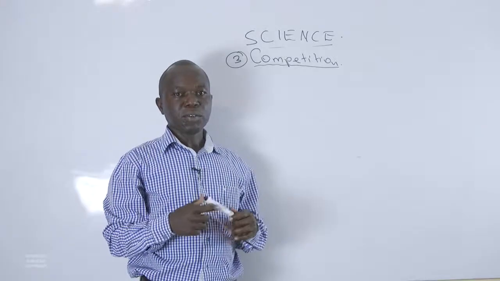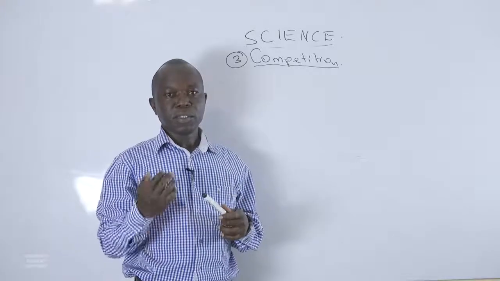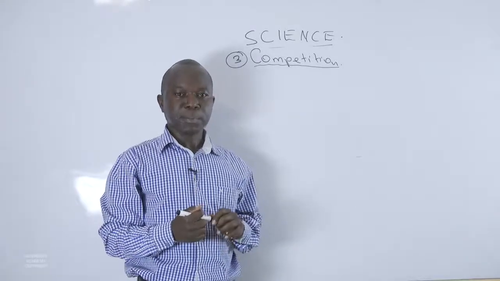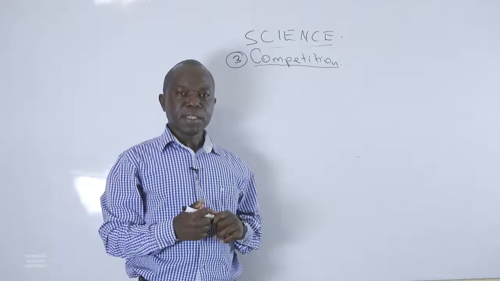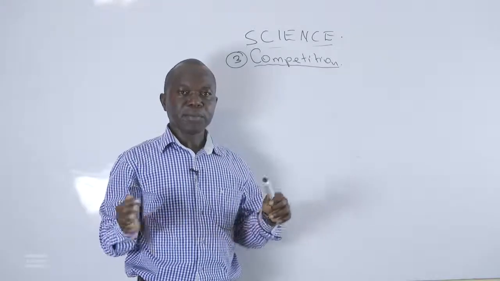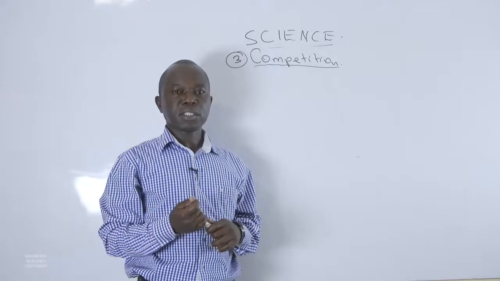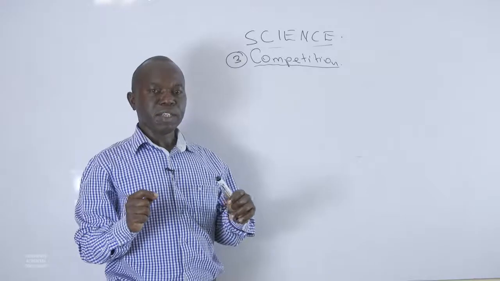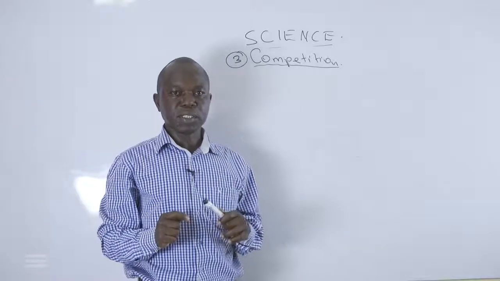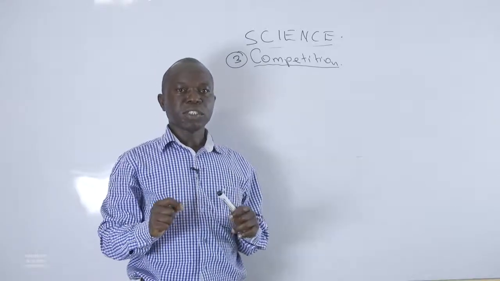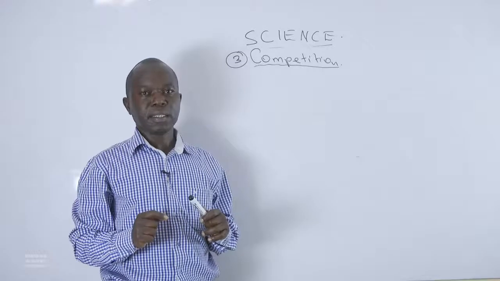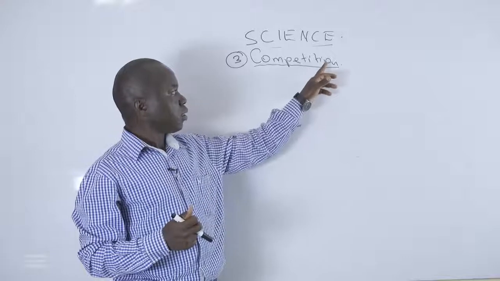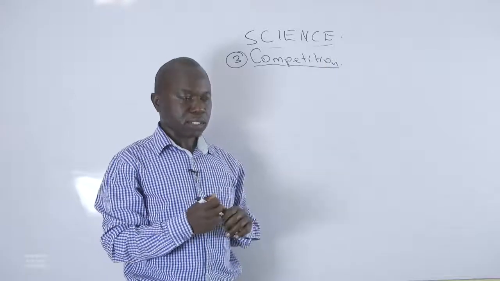Organisms can compete when resources are there, but they are in limited supply. But again, even if they are in limited supply, they must be within the same ecosystem. So the conditions for competition are having demand for the same resources, but those resources are in limited supply, within the same ecosystem. That is when competition sets in.